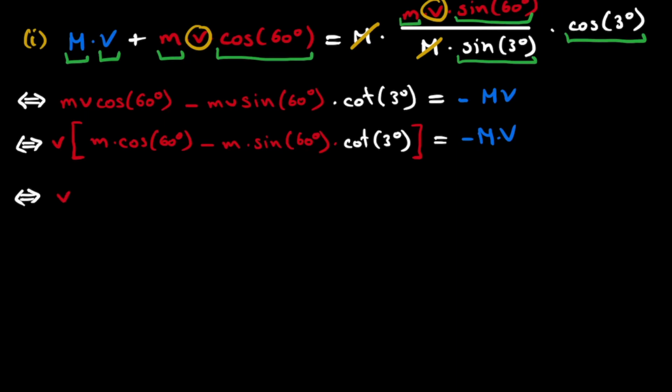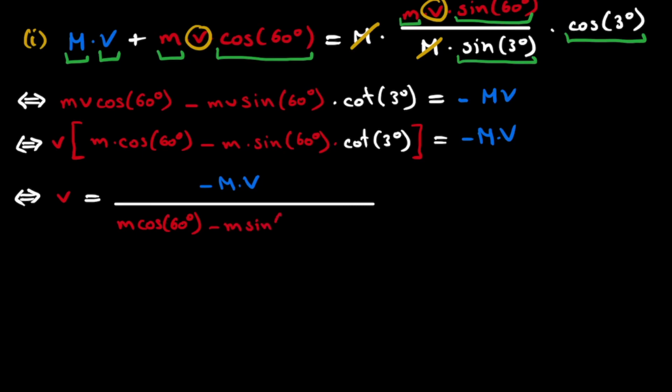We have that the velocity of the object that we're hurling at this comet is equal to minus the mass of the comet multiplied by its velocity divided by the mass of the object multiplied by the cosine of 60 degrees minus the mass of the object multiplied by the sine of 60 degrees multiplied by the cotangent of 3 degrees. And we can write this a little bit more neatly, getting rid of this minus sign and swapping it right here and factoring out the mass of our object that we're launching out of these two terms.